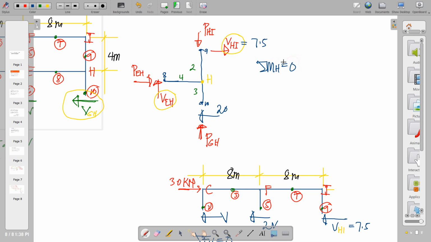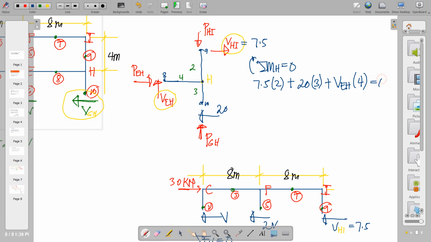moments along H. So all of the axial forces will just have no moment arm on H, and what would be left is this one, a clockwise 7.5 times 2 plus a clockwise 20 multiplied by 3 plus shear along EH times 4.